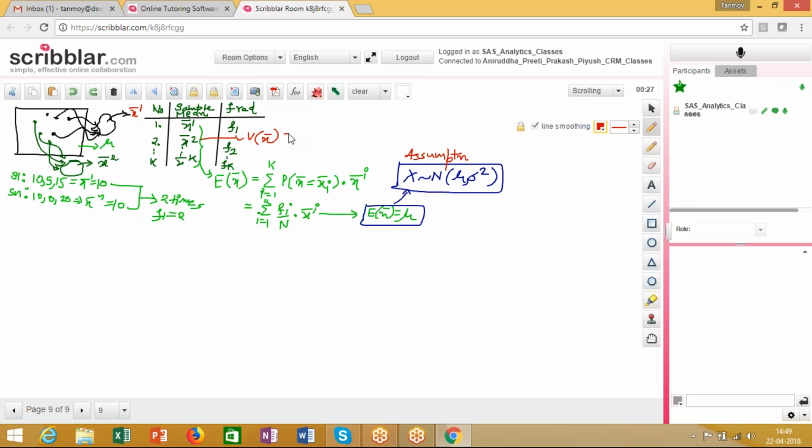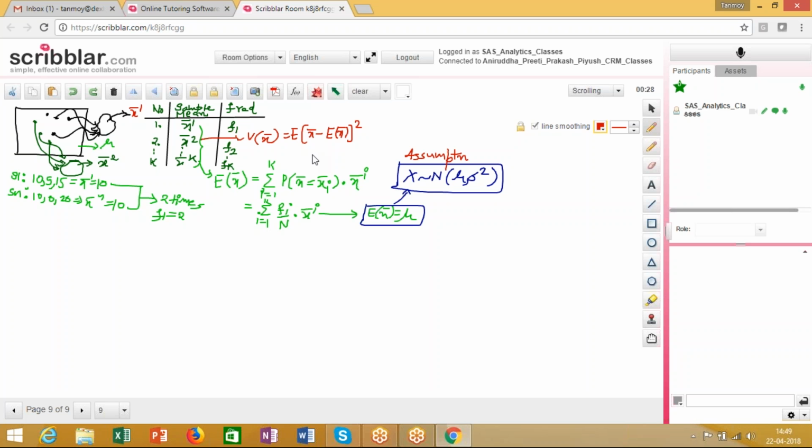The variance of X bar is the expected value of X bar minus the expectation of X bar, whole square.